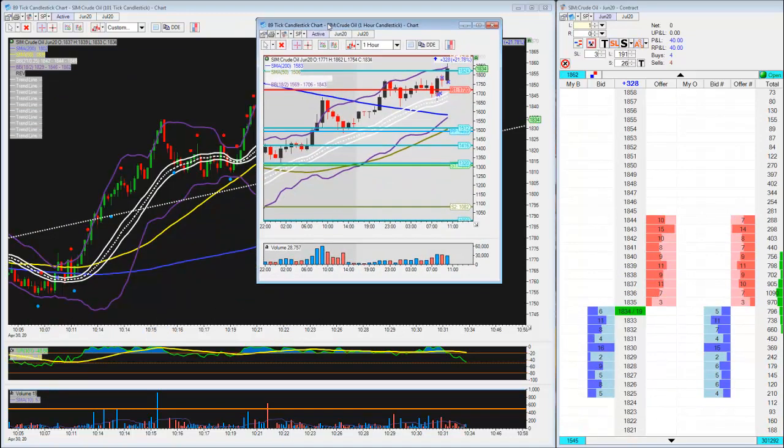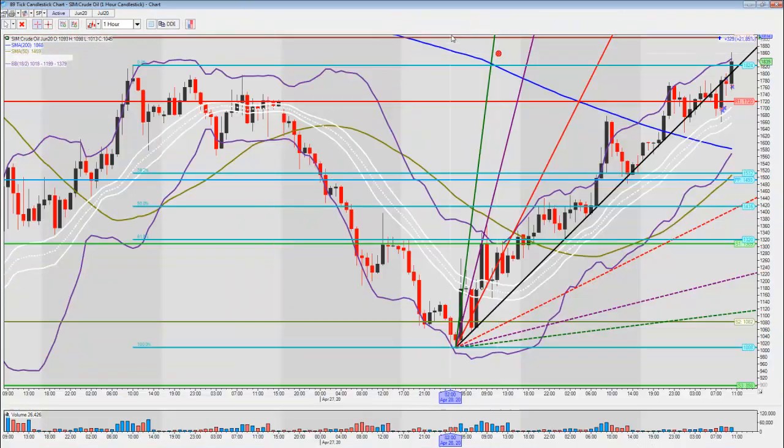So let's look at what the market's doing right now. It's been able to get over the highs from April 23rd.